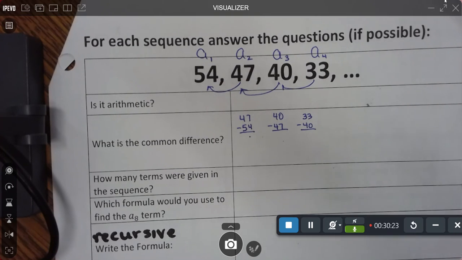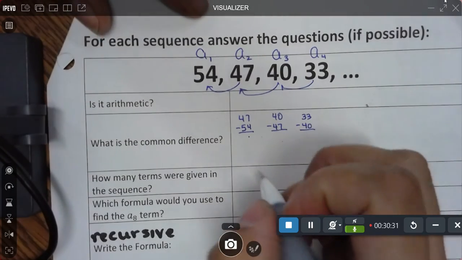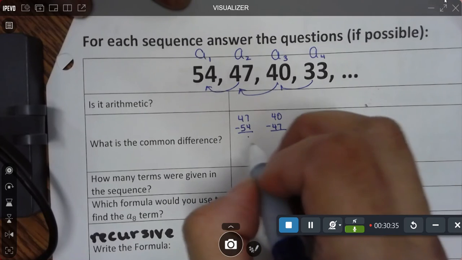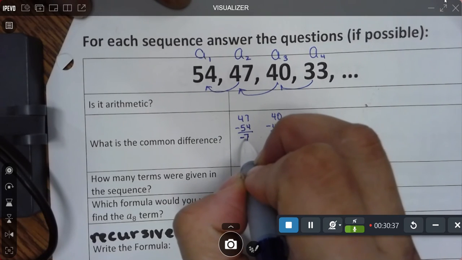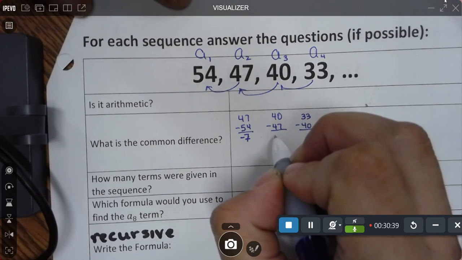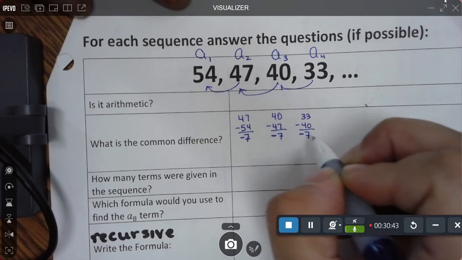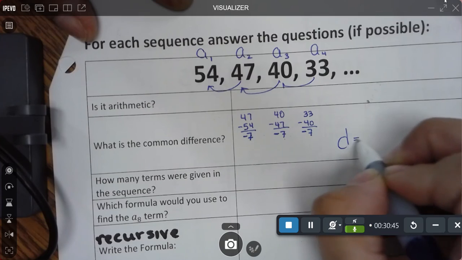But our computers are supposed to be closed, so that's why we need a handheld when we don't have access to Desmos. Anybody know what's 47 minus 54? Negative 7. Okay, good. Is this one also negative 7? Okay, so if they're all negative 7, then yes, it's arithmetic, and our common difference is negative 7.